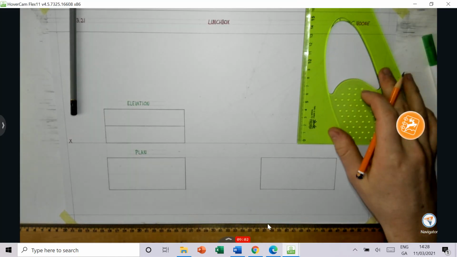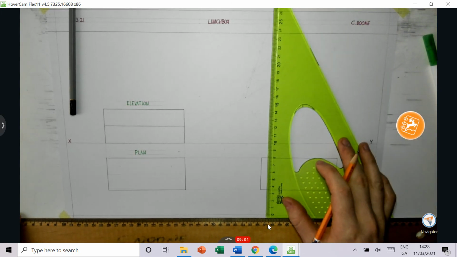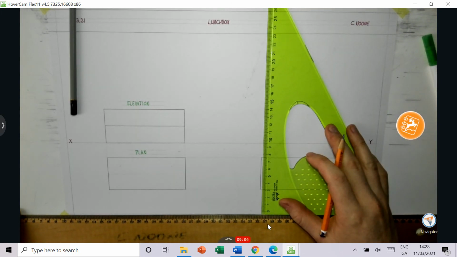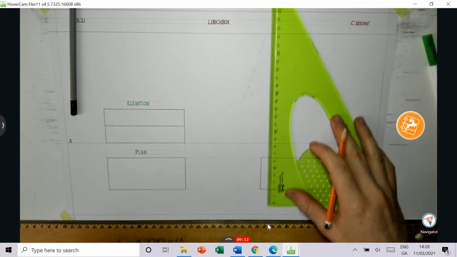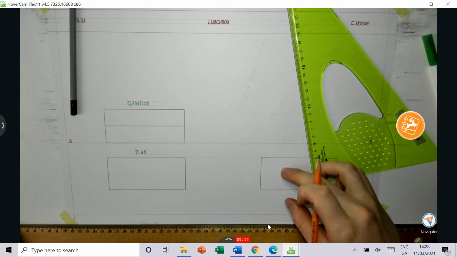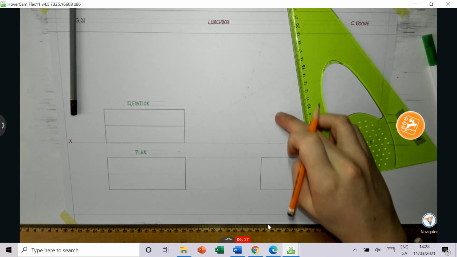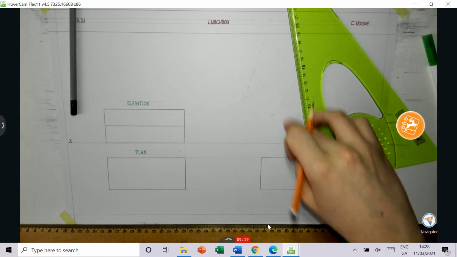So directly below that plan I'm going to draw an elevation. So we know the elevation is 22 and 22, so 44 altogether. Okay, so it's not going to fit here just below it. So what we can actually do is start going up the way. So we go plan, elevation, plan, elevation.